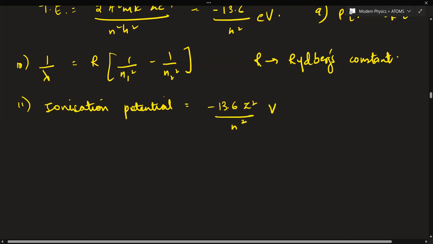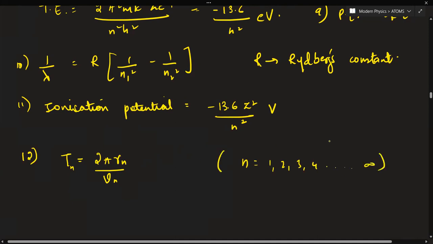SI unit will be volt. And if you have to find out the time period, this also comes. Time period for any n number of rotation is equal to 2 pi r to the power n, means any orbit, divided by v to the power n. So n can be any number, 1, 2, 3, 4 up to infinity.